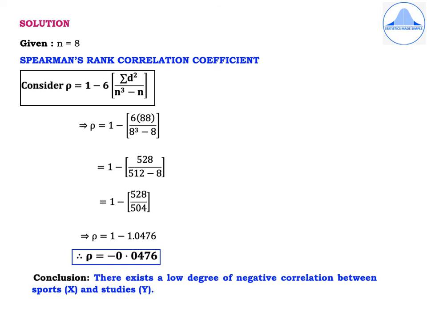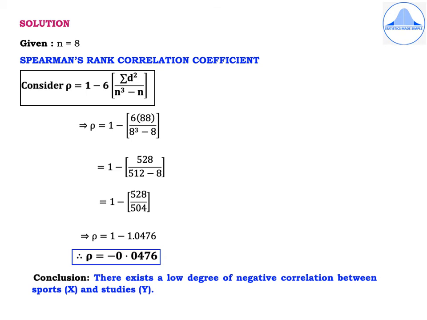Solution: given n equal to 8, Spearman's rank correlation coefficient formula without ties is rho equal to 1 minus 6 times summation d square divided by n cubed minus n, which implies rho is equal to 1 minus 6 into 88 divided by 8 cubed minus 8, which is equal to 1 minus 528 divided by 512 minus 8, or you get 1 minus 528 divided by 504, which implies rho equal to 1 minus 1.0476.